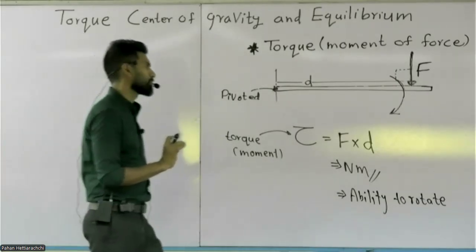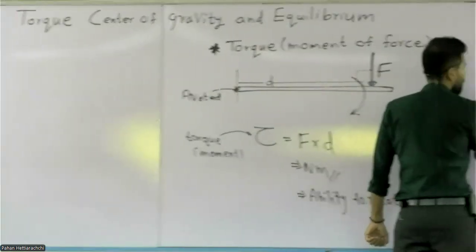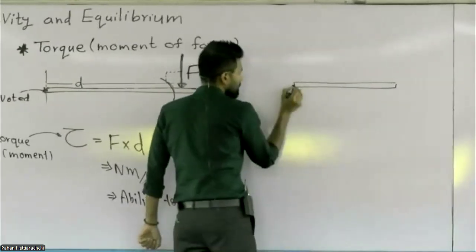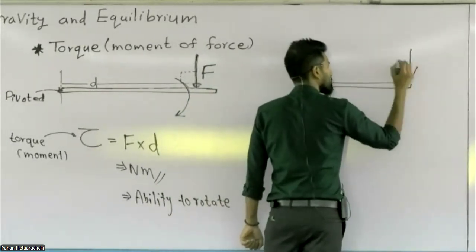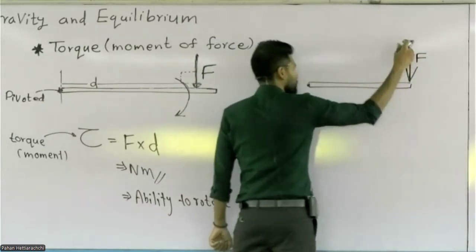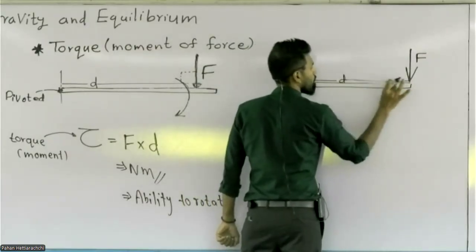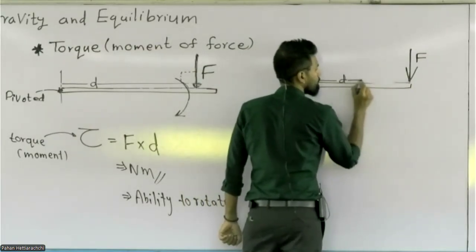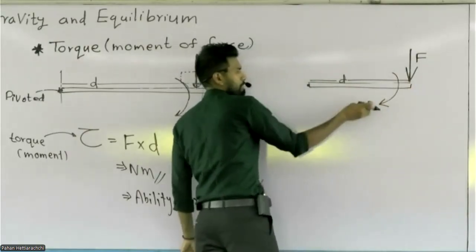Now, when we measure this ability to rotate, or the moment, we have to consider a very special point. What is that? If a force is applied from this side, keeping a distance d, this meter ruler will rotate in this direction, in this way.